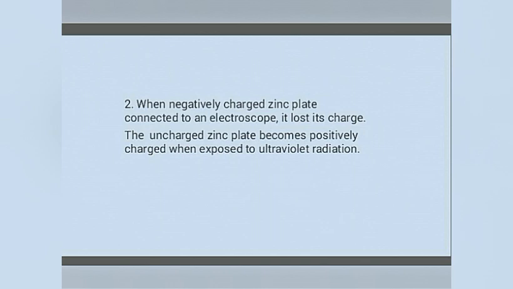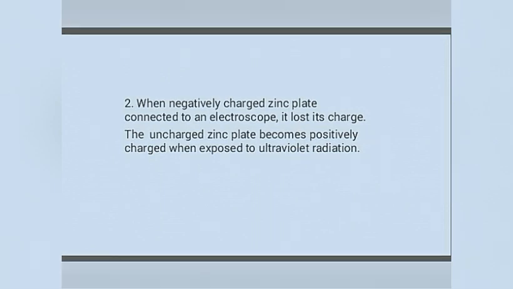Electrically neutral means it contains equal positive charge and equal negative charge. Here the zinc plate is negatively charged, meaning extra negative charges are added to it, or that metal contains excess of negative charge.